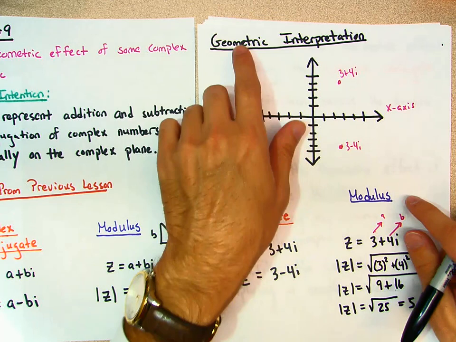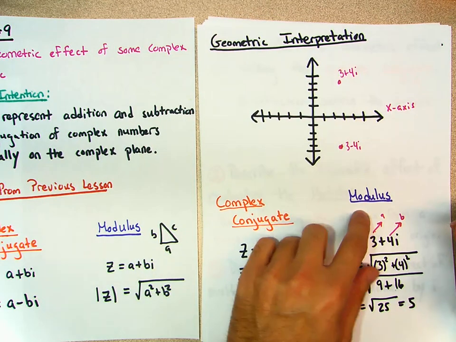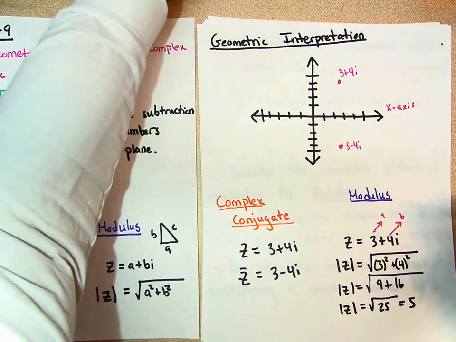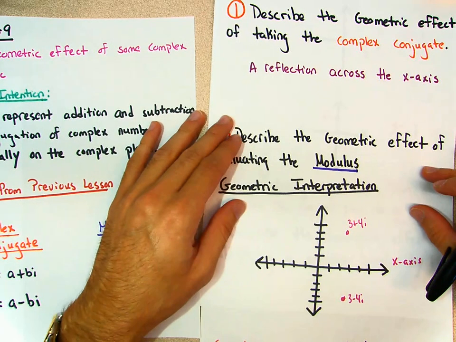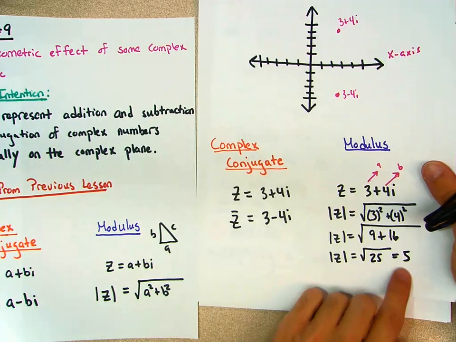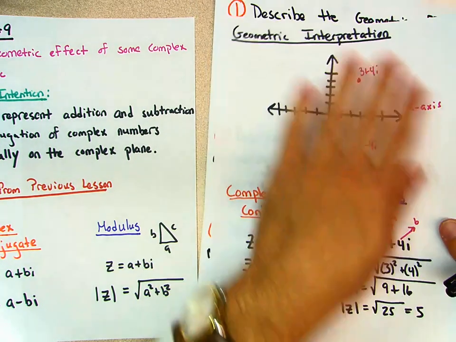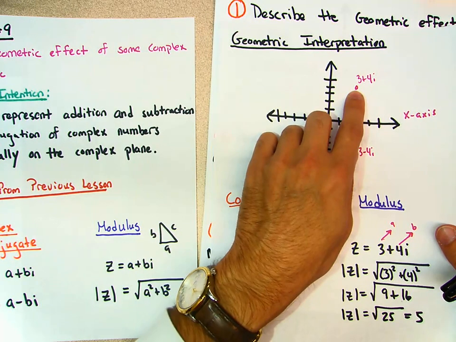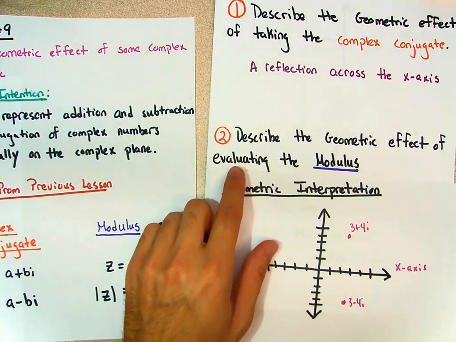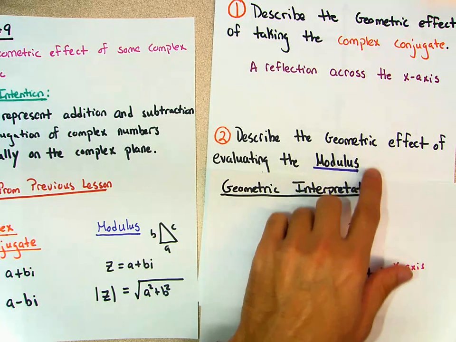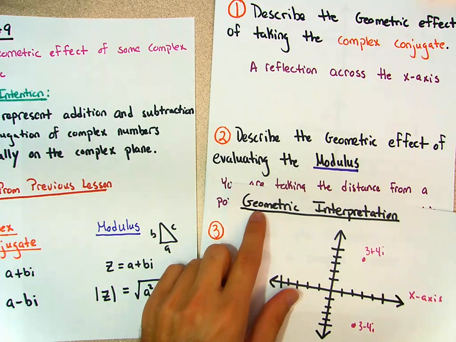But here, what is the geometric representation of taking the modulus? Let's try and answer that question by yourself. What does this value mean, the 5, on the complex plane? Like if this is 3 plus 4i, what would the modulus represent, right? Describe the geometric effect of evaluating the modulus.